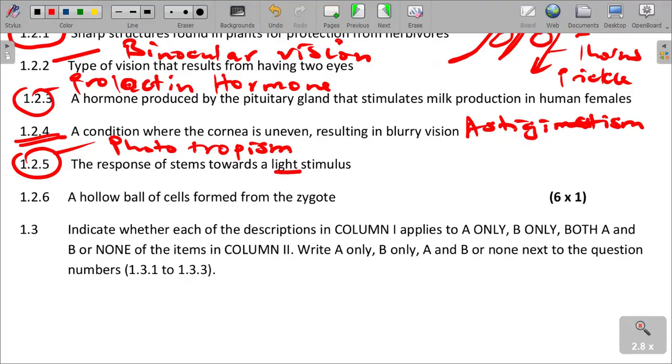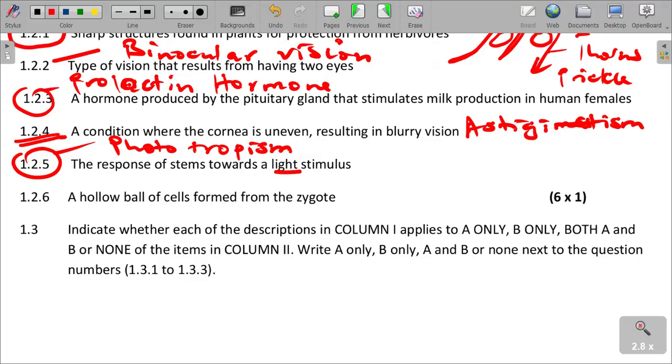And I have given this again on the channel where we talked about types of tropisms, where we have negative phototropic and negative geotropic. Negative means that the part of the plant moves away from a certain stimulus.